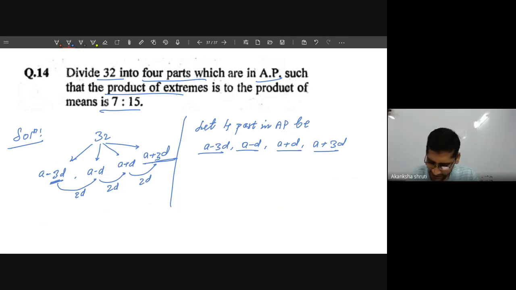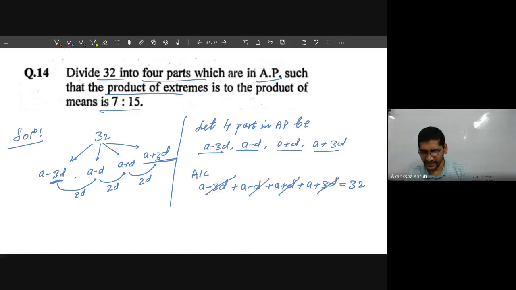But it is given that these are the parts of 32. So write first A minus 3D plus A minus D plus A plus D plus A plus 3D is equal to 32. Here all the D will get cancelled. That's why we always choose symmetrical.